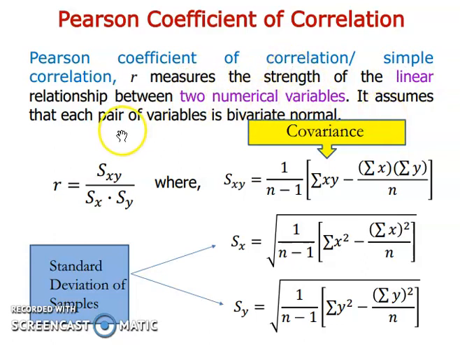It assumes that each pair of variables is bivariate normal. This is the formula for the correlation coefficient, whereby r equals Sxy over Sx times Sy, whereby Sx and Sy are the standard deviations of the samples from X and also from Y.